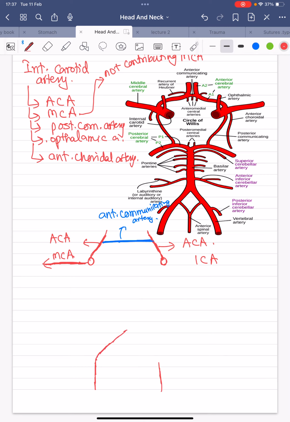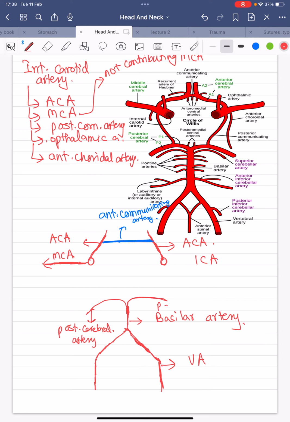The vertebral arteries are joining together, forming here the basilar artery. And this basilar artery is giving this branch. So it is making which artery? This is your posterior cerebral artery.